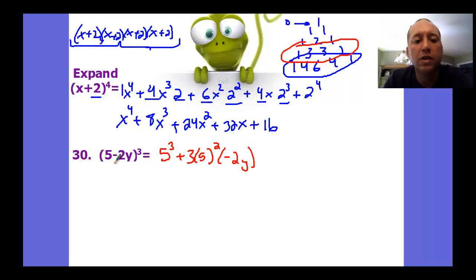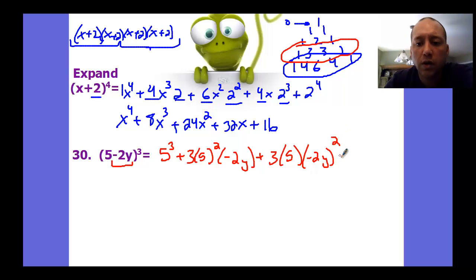Notice how when I'm using this term, I'm including the sign with it, the negative. So you need to use the negative 2y for the term to include the negative. Plus another 3, 5 to the first power times negative 2y squared. Then plus the 1, 5 to 0, and negative 2y cubed.